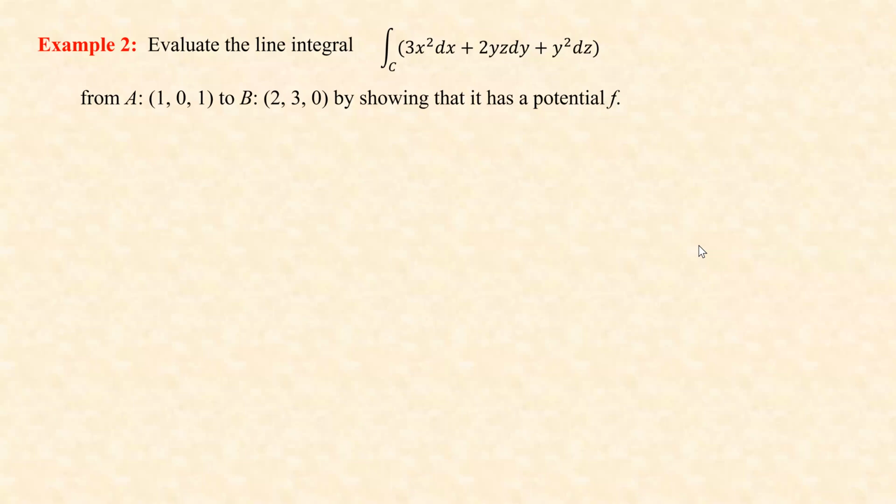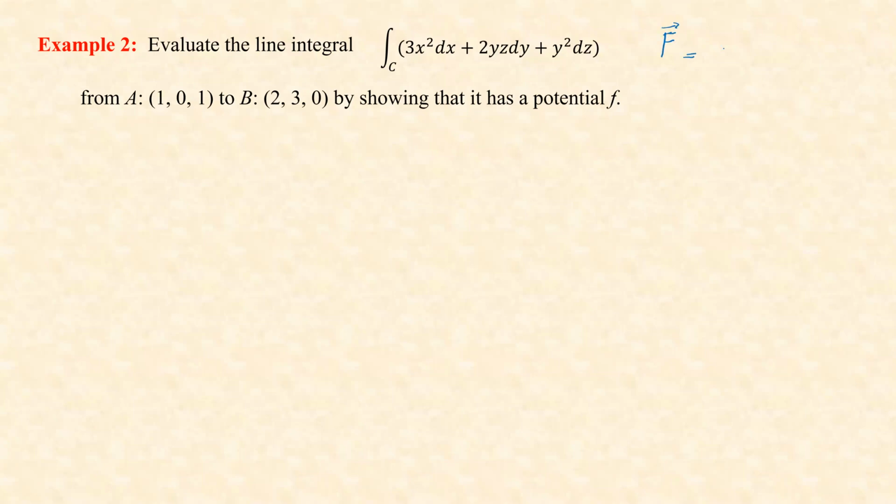All right. So this is another example. It says evaluate the line integral 3x squared dx + 2yz dy + y squared dz from A to B by showing it has a potential function, or scalar function f, whose gradient is F. So what is f here?